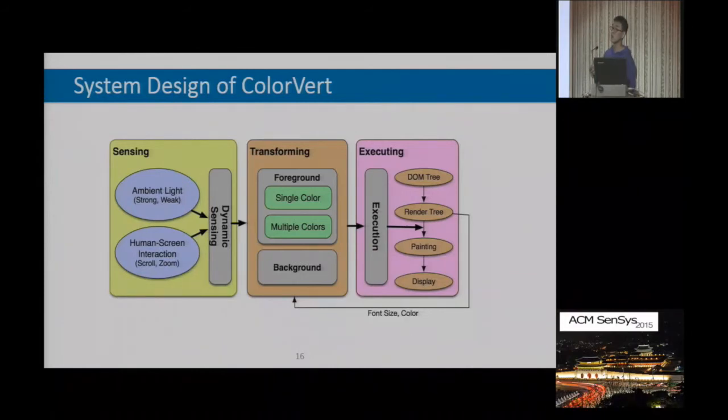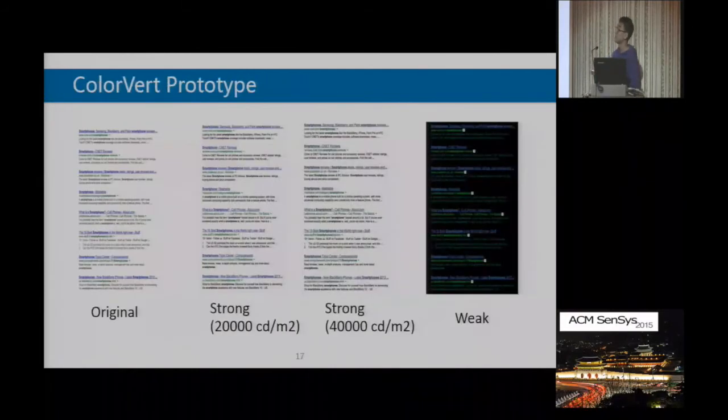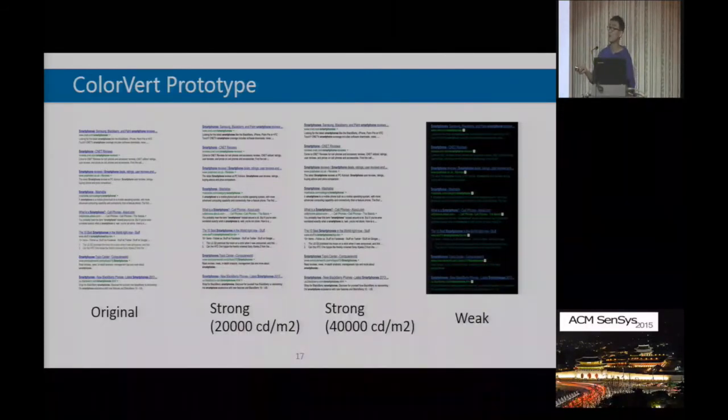Let's see what we will get using ColorVert. There are 4 web pages. The first one is the original version of the web page. And when we put the smartphone under strong ambient light, we will get this one. And when we move it to an even stronger lighting condition, we will get this one. Maybe it looks similar in this lighting condition because we are looking at it under normal light, not in an extreme light.